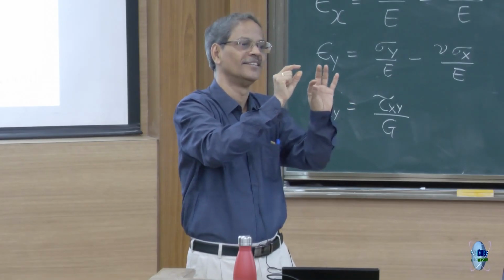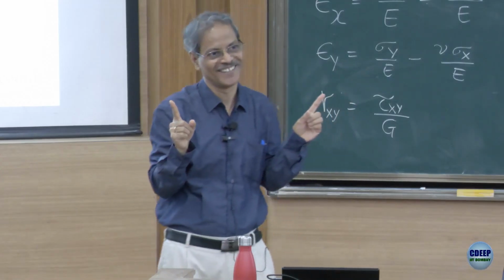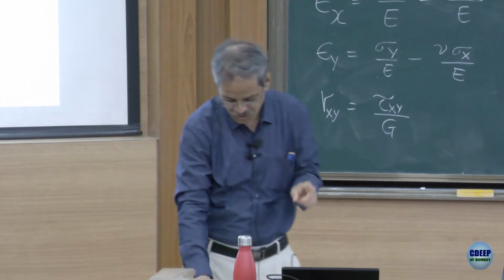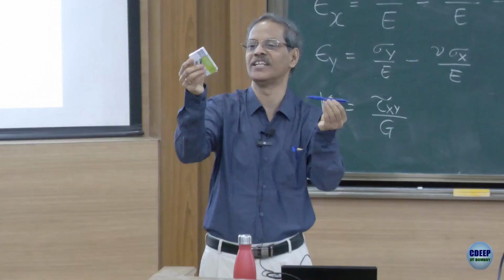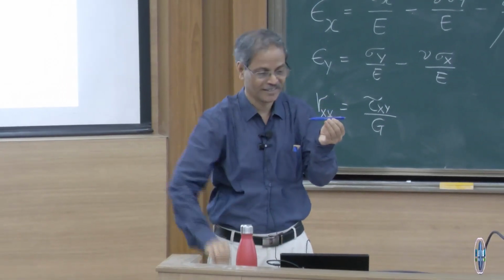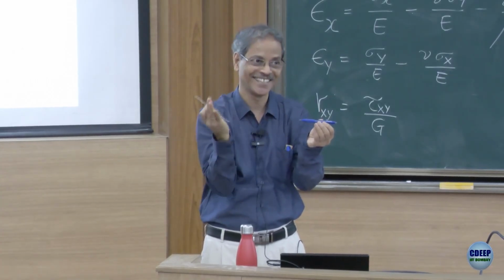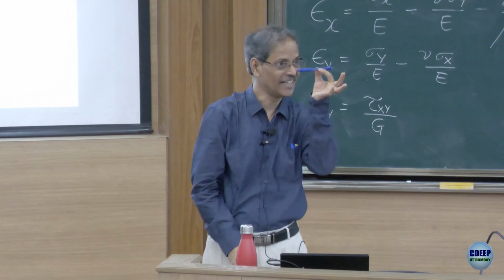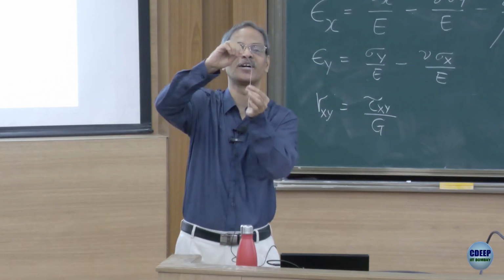Now, it's easy to visualize. If this mapping is linear, then a straight edge here will become another straight edge in the real physical world. But if this xy to zeta eta mapping is non-linear, this will remain a straight edge, but in the xy plane, this can become a curve.